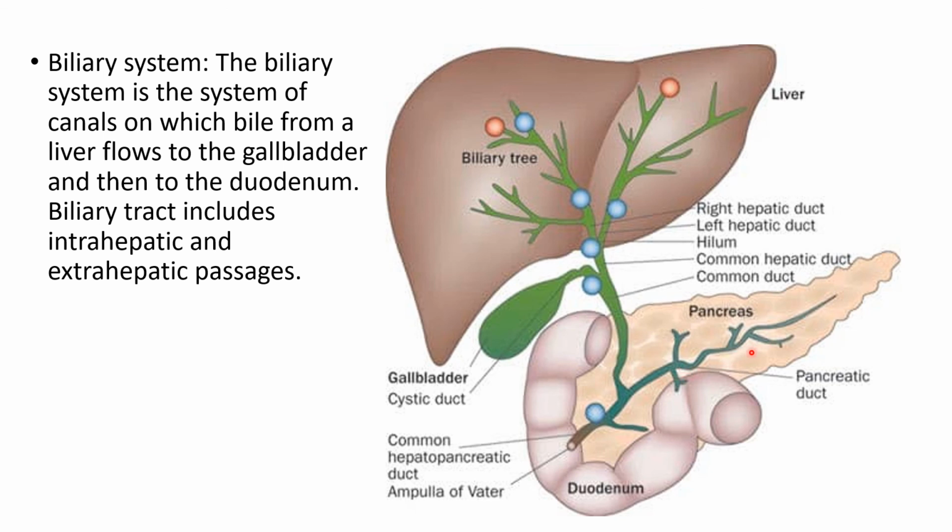So the pancreatic duct from the pancreas and the common hepatic duct from the gallbladder both merge near the duodenum, and their secretions are emptied into the duodenum through a common duct called the hepatopancreatic duct.